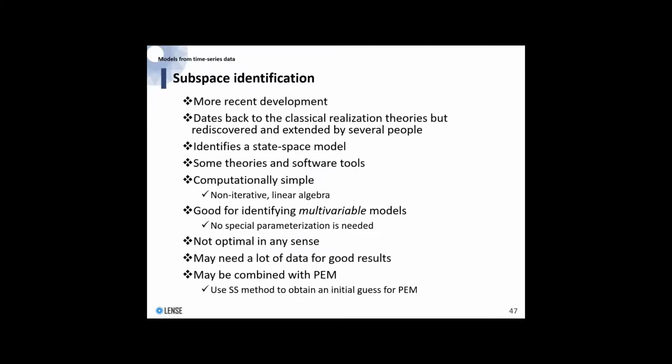Multi-output models are very important because if you identify models for different outputs independently, let's say I have y1 and y2, and I have a different model for each, then I haven't really captured the correlation between y1 and y2.